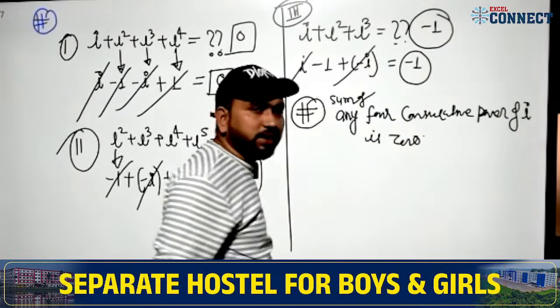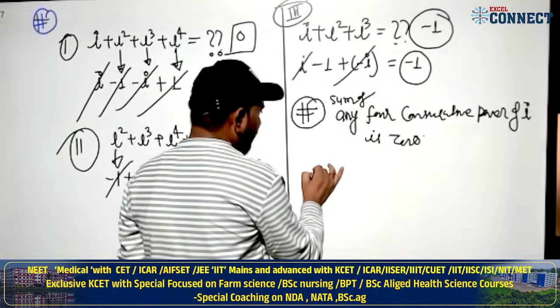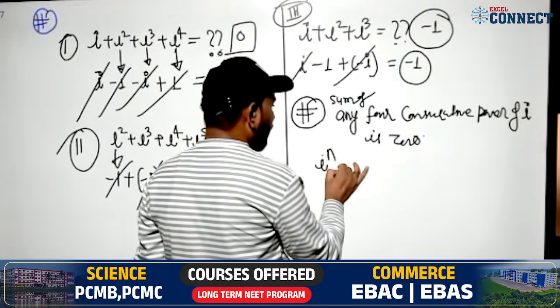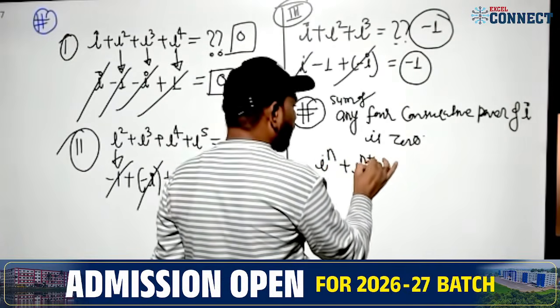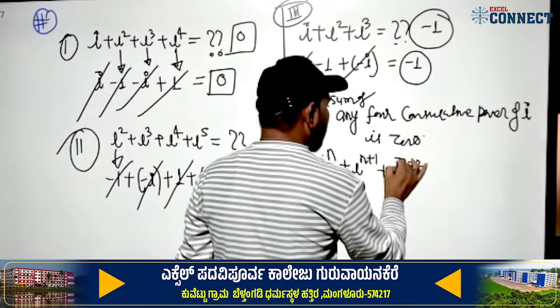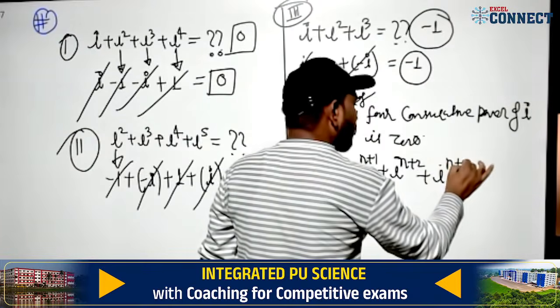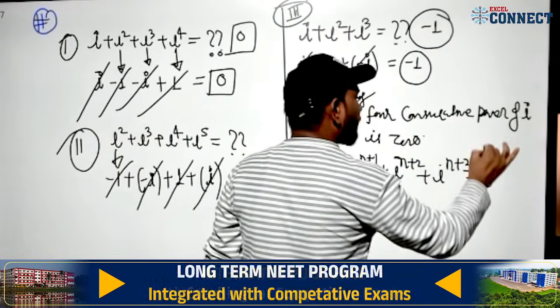Yes, this is the right concept. We understood, sir. Okay, so what is the meaning of this? If I say i to the power n plus i to the power n plus 1 plus i to the power n plus 2 plus i to the power n plus 3, in this case the answer is yes, 100% 0.